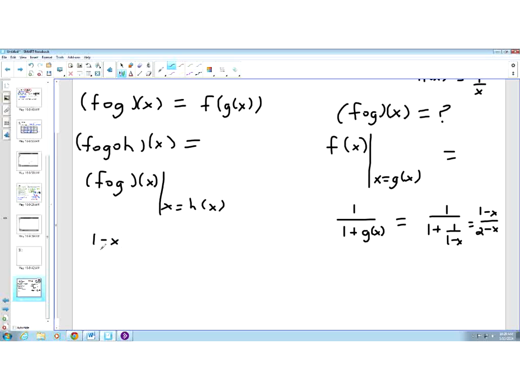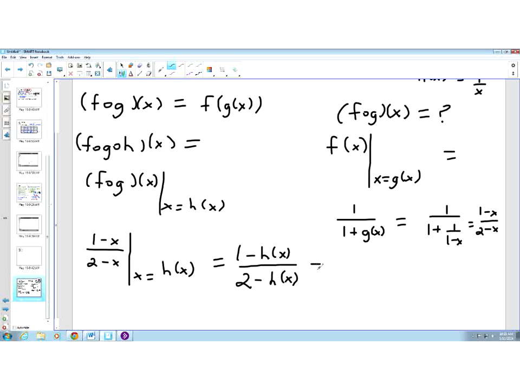Okay, and so that would equal 1 minus x over 2 minus x, if my math is correct, evaluated at x equals h of x. And that's just equal to 1 minus h of x divided by 2 minus h of x.